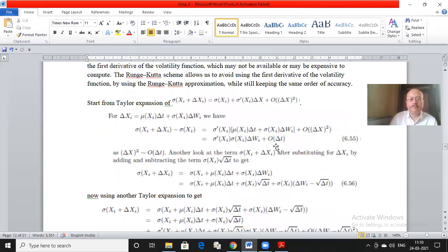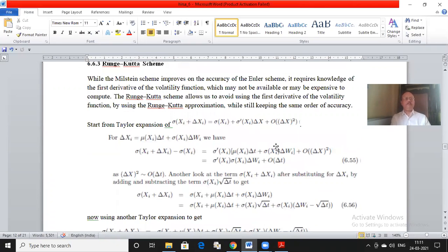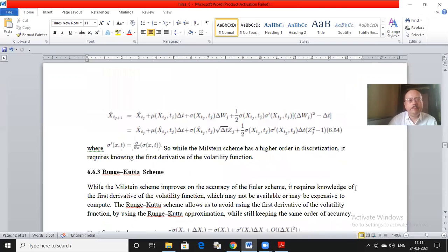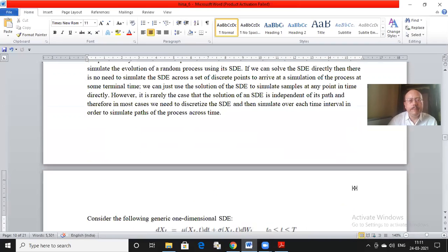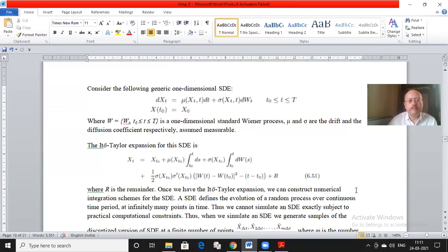So let us see how it works. We start now from a Taylor expansion of the volatility function. Remember, our data generating process allows for a state dependent volatility function. This is our generic SDE. So sigma is a function of Xt itself, and that's what potentially makes the setup reasonably complicated.